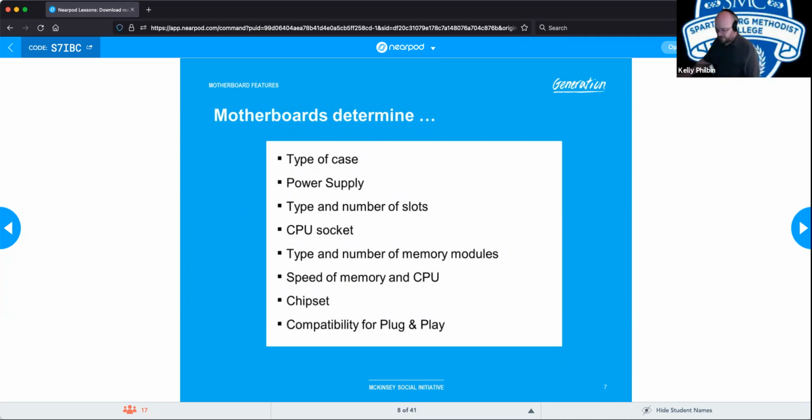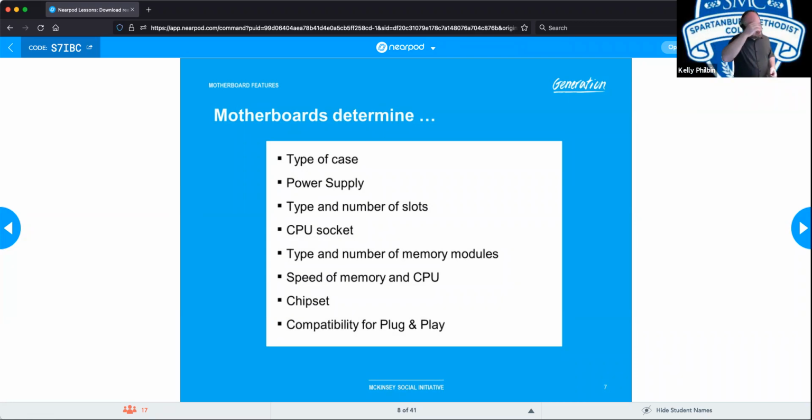It also determines what other components you can add, how much RAM you can add. The number of expansion slots you will have is determined by your motherboard. What type of CPU you can use. Is it Intel? Is it AMD? And what version of these processors can you use? The motherboard determines this.